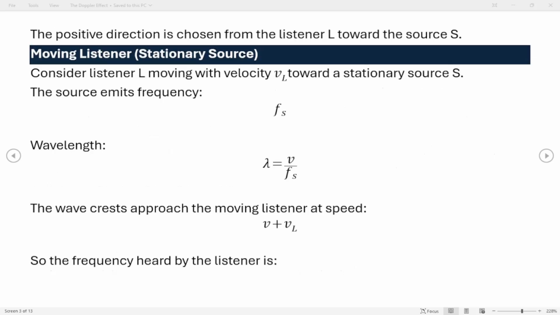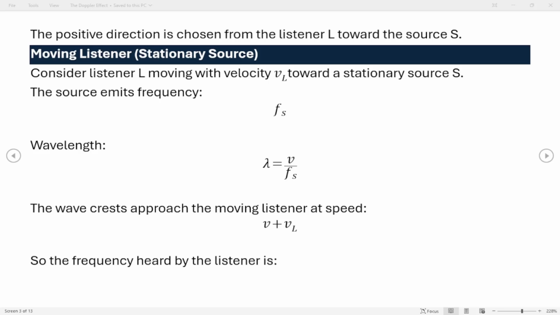All right. Now this time, we have to discuss first the different equations describing the different parameters like the frequency, the wavelength, and the velocity of the sound when the source is stationary and the listener is moving.